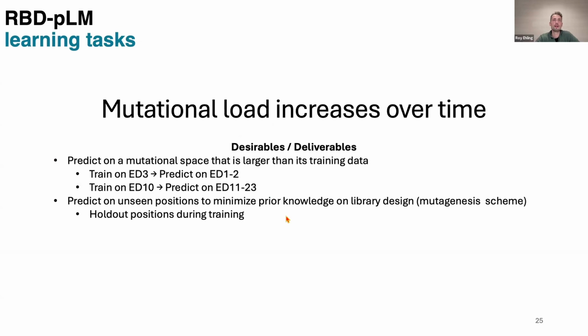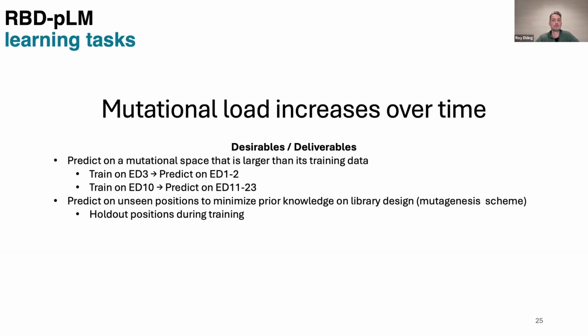So we formulated 3 different learning tasks. The deliverables for this are to be able to show good predictions when trained on low edit distance, be able to show good predictions when trained on high edit distance, and also to perform well when holding out specific positions during training.